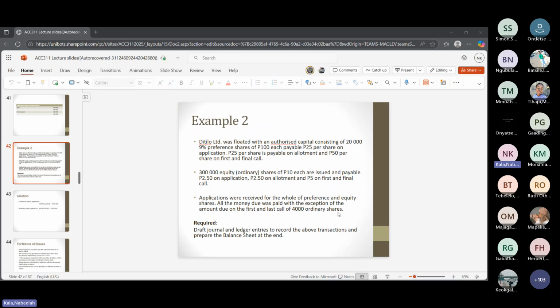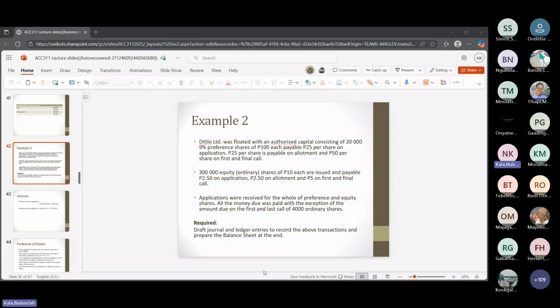Okay, thank you. So I was actually saying, yesterday we looked at how shares are issued to the general public, and how we are going to record them in the books of accounts.